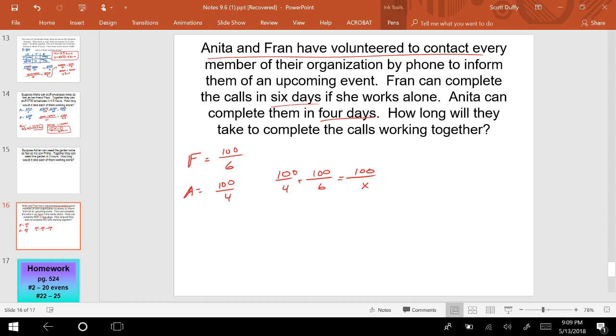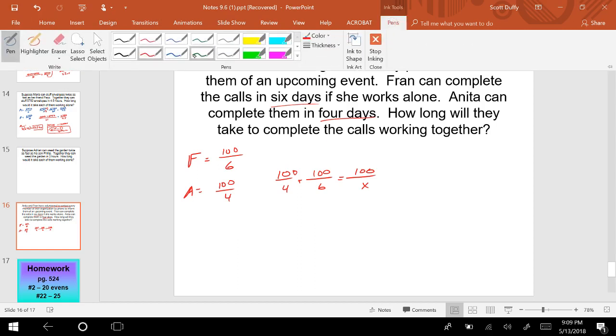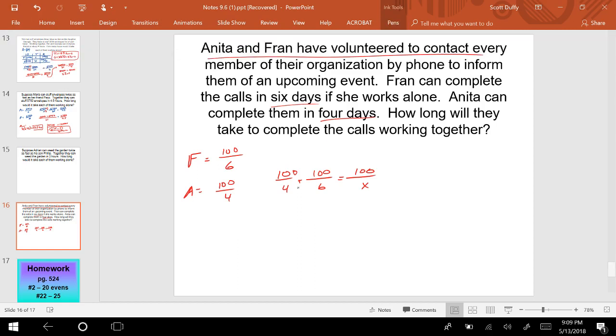What I'm going to do, for these two fractions on the left, I'm going to multiply by 3 and by 2 so that they both have a denominator of 12. 4 times 3 is 12, and then that would be 300 plus another 200, which is 500, equals 100 divided by x.